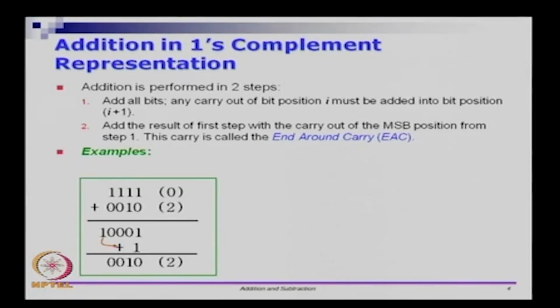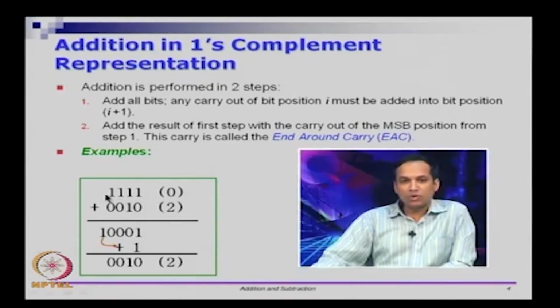Let us look at, let us say, 1 1 1 1. In ones complement representation, 1 1 1 1 is actually negative 0. If I want to add 0 0 1 0, which is 2, then you add ignoring the fact that they are ones complement numbers, just add them as they are.